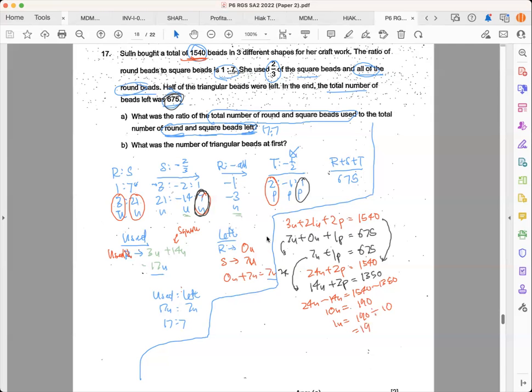The question is the number of triangle bits at first. The number of triangle bits at first is 2 parts. So to solve this, if we look through the statements that we've created so far, this is a statement that I can use to find 2 parts. Or I can use this as well. This is easier, so I shall use this.